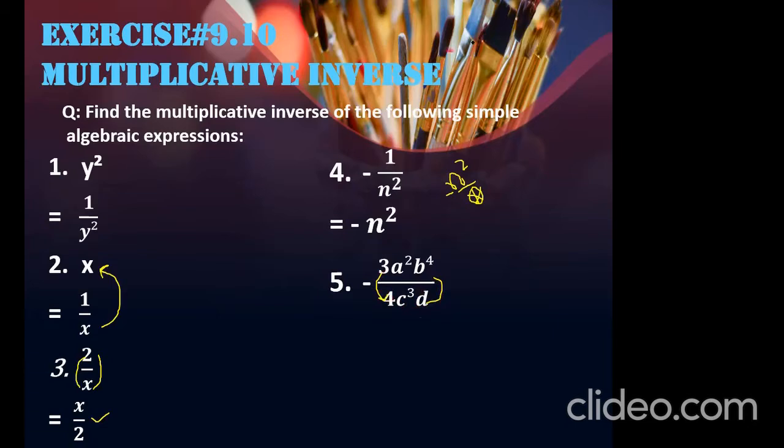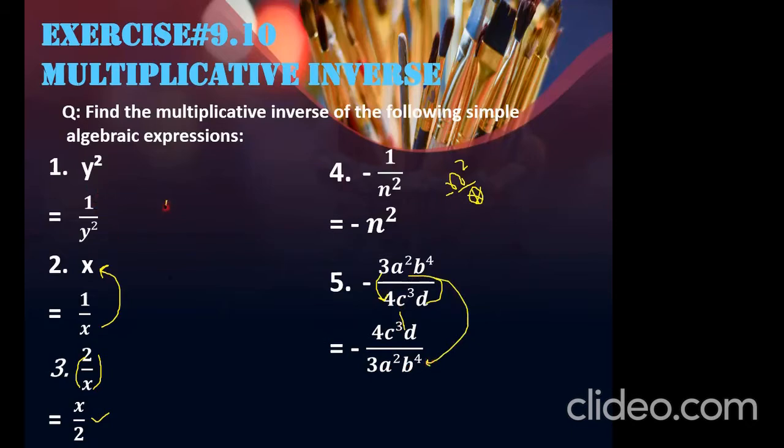We haven't changed the minus sign because here we are writing only the multiplicative inverse, not the additive inverse, right? So the answer will be minus, which remains the same, 4c cubed d divided by 3a square b. Everything remains the same, but you have to make your denominator the numerator and the numerator the denominator.